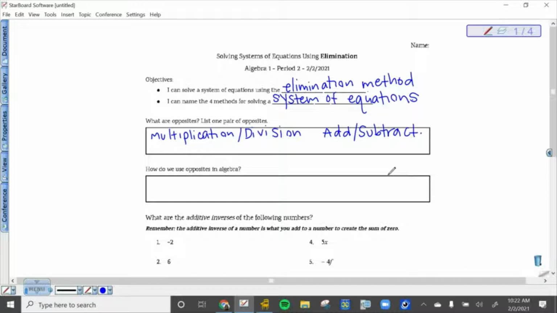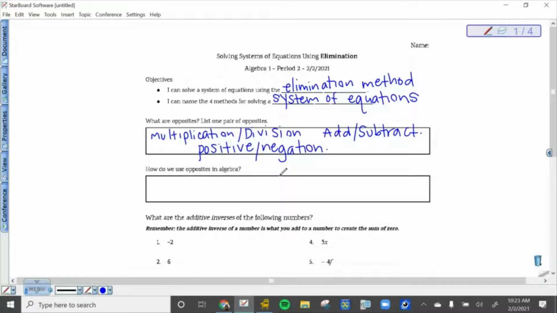So obviously like tall or short, positive, negative, yeah, good. Hot and cold. Tall and short. What else? Big and small, yeah.